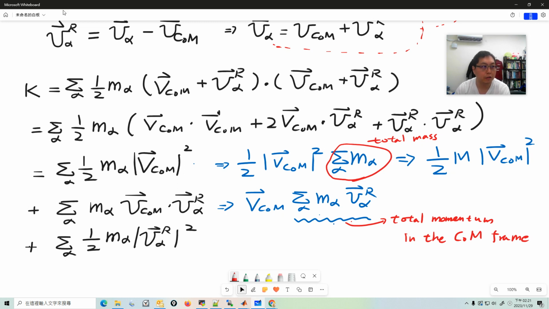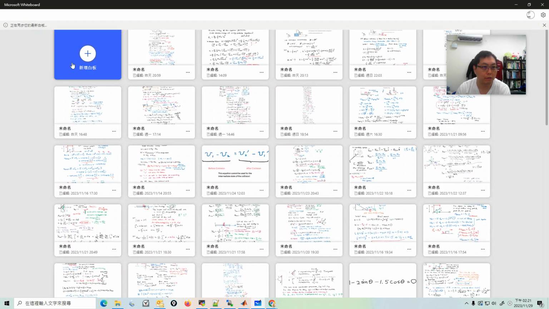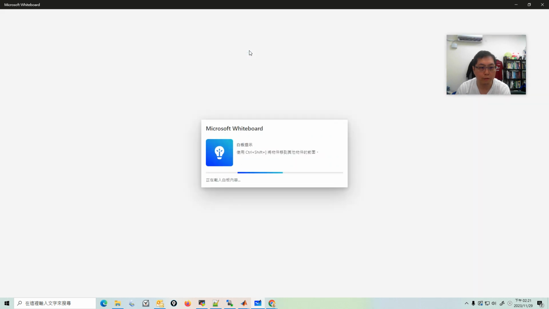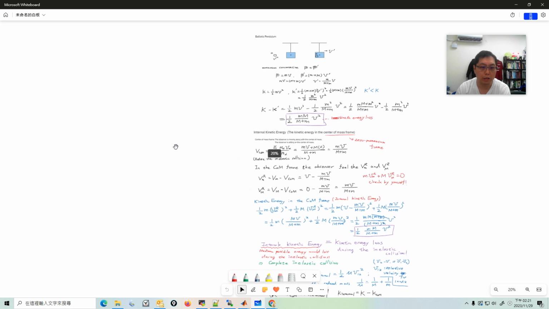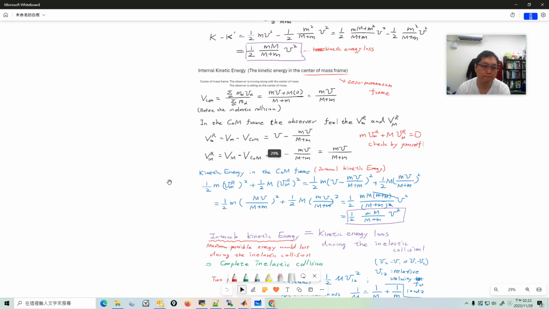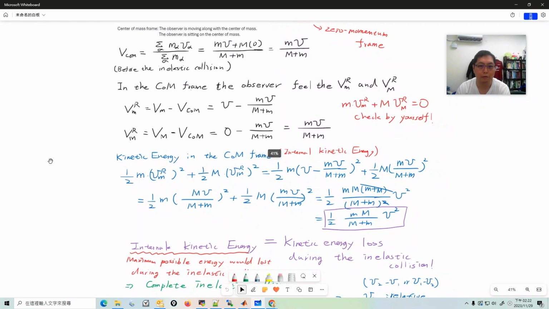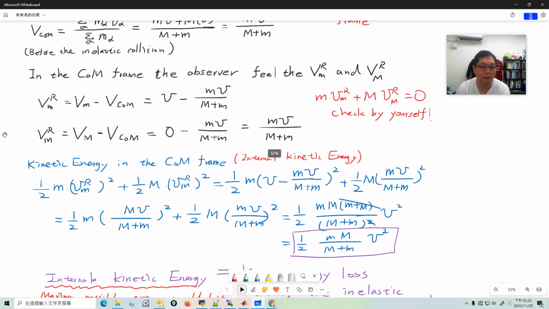And in the previous video, I said check one thing by yourself. Check what? Check the total momentum in the center of mass frame is 0. Previously we just had a two particle problem, but anyway, two particles is also a many particle system. So the total momentum in the center of mass frame is 0. So it's m times its relative velocity and capital M times its relative velocity, and add them together is 0.